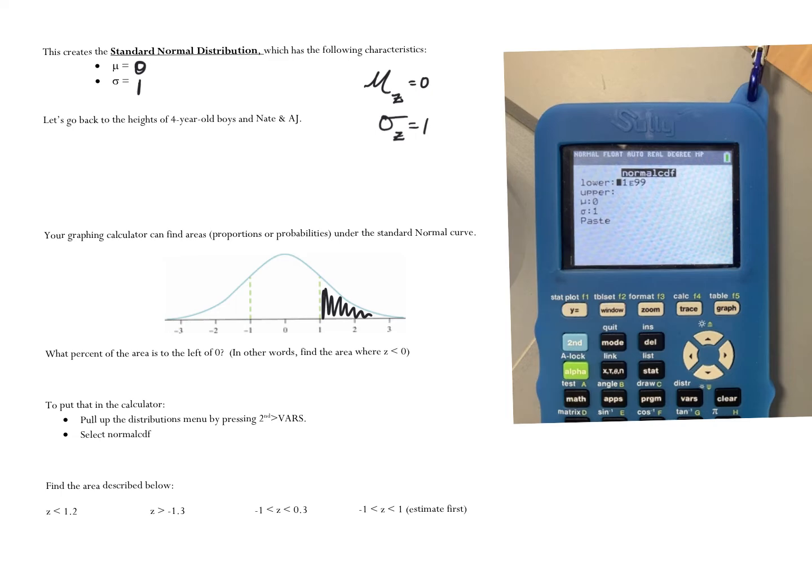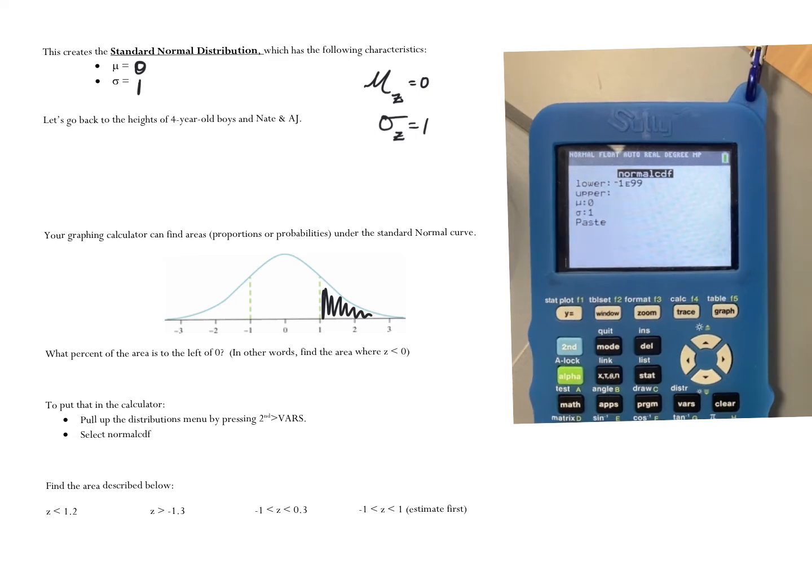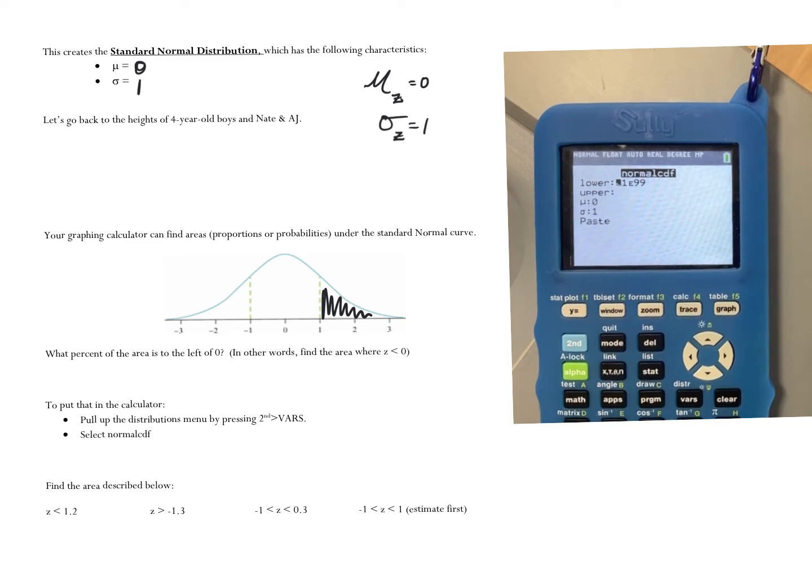Now, the lower and the upper is asking you to describe where it is shaded. What part of the graph are we trying to find? What's the lower boundary of where it's shaded? 1. So for your lower, go ahead and put 1. For your upper boundary, did I stop shading at 2? Oh, no. Did I stop shading at 3? 1 trillion?